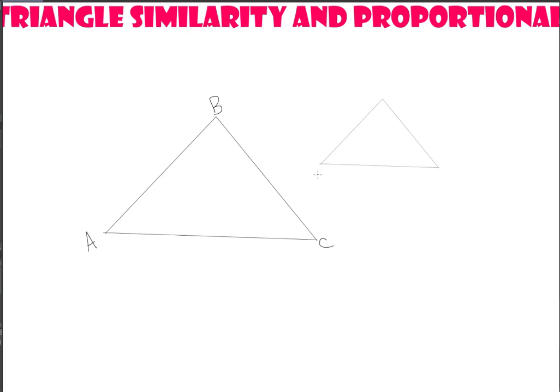Then this was, let's say, F, G, and H. I could say triangle A, B, C is similar to triangle F, G, H. Now I want to stress to you the order of these points matters because when we just copied and pasted it over, we know that this angle is congruent to that angle. We know that this angle is congruent to this angle, and that doesn't change when we copy it over.